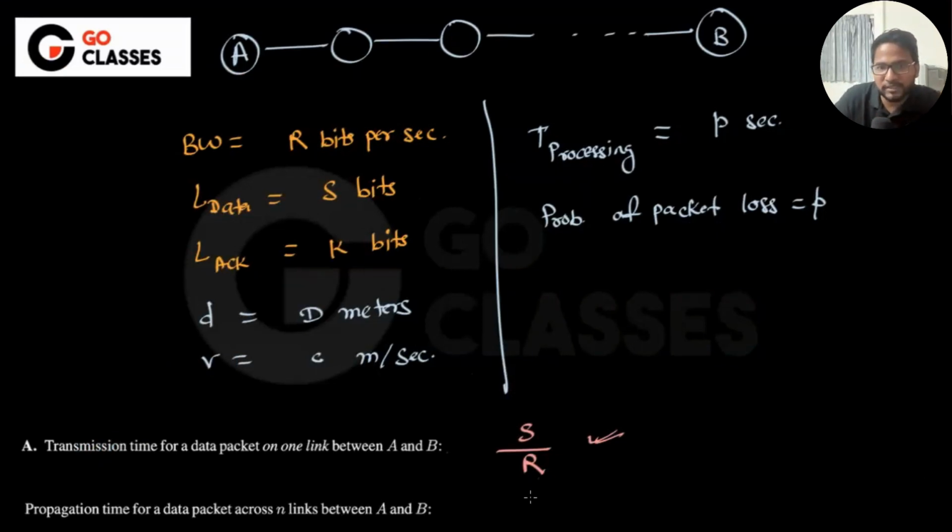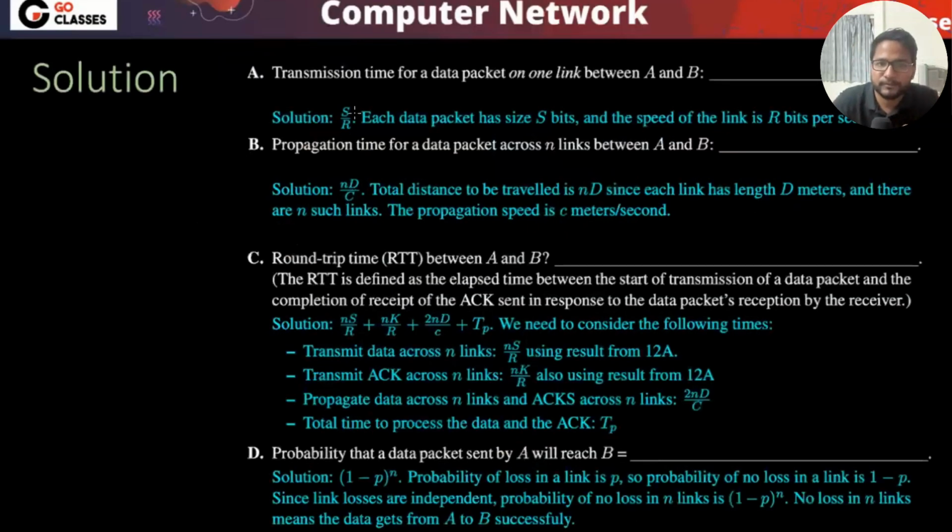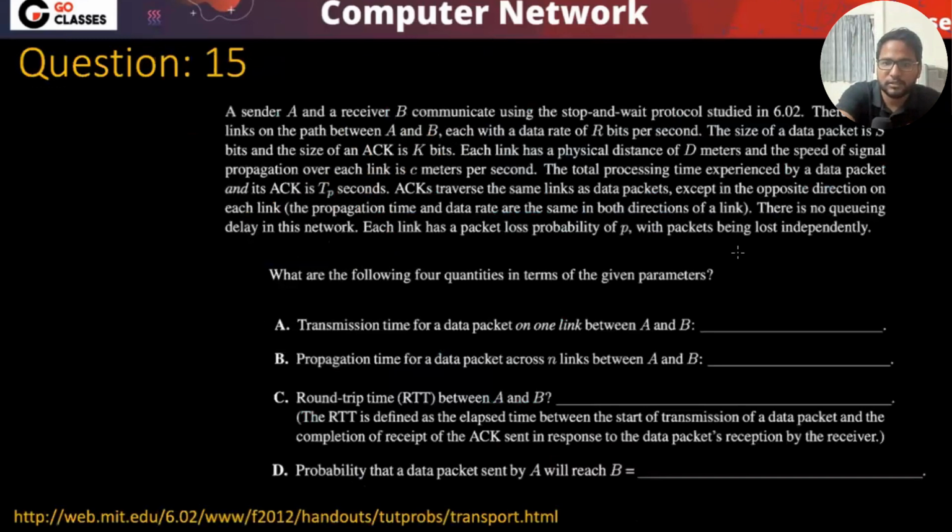So across one link it is D upon C. So across n links, can you tell me? Propagation time across n links is nD upon C, right? So let's first check these two answers. S upon R and nD upon C. Okay. Now let's see the third question.